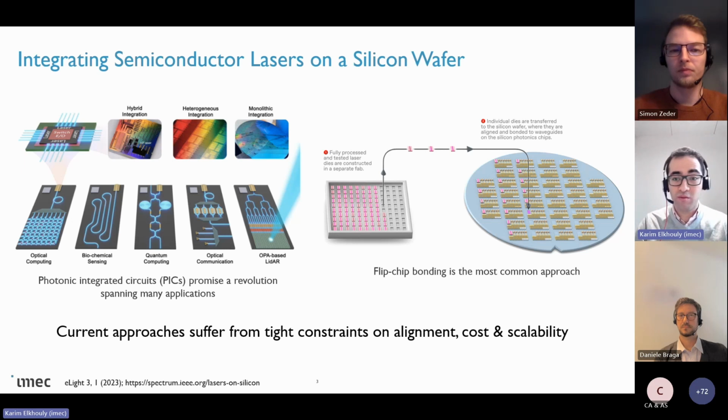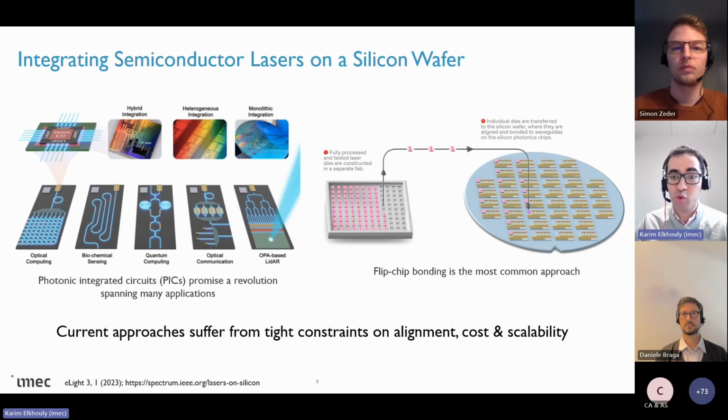The common thing between all these photonic integrated circuits is that they need a light source, typically a laser source. This can be off-chip or on-chip. In case you want to put this source on-chip, here we face our first problem, which is that most high performance lasers are based on III-V semiconductor materials, and these materials are not compatible to be grown directly on silicon, to be directly integratable with a silicon photonics platform.